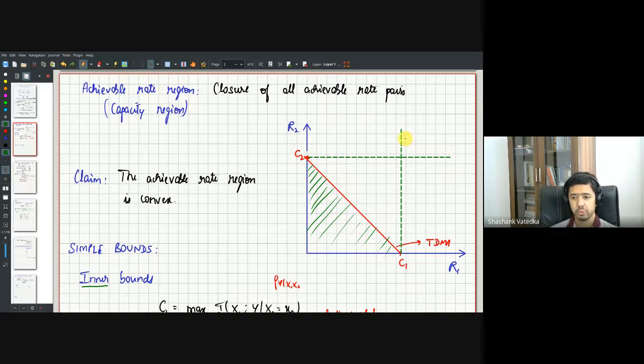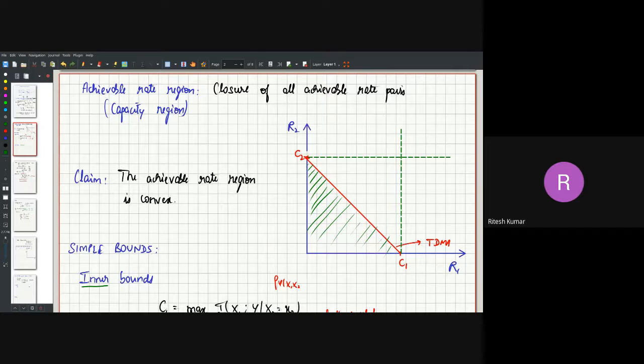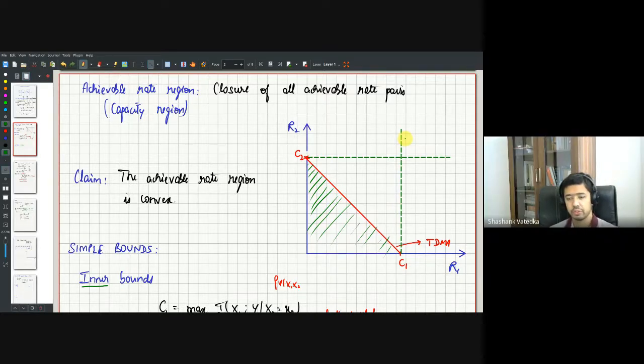No matter what coding scheme you use, R2 cannot be greater than C2, and R1 cannot be greater than C1. Do you all agree? Yes. Okay. So these regions cannot be achieved no matter what you do.